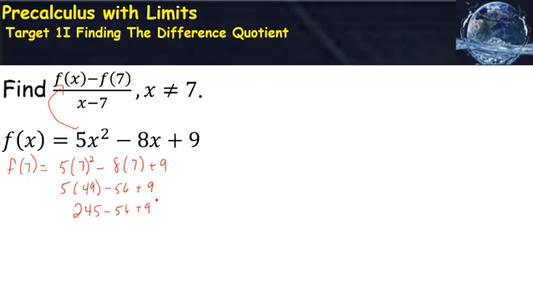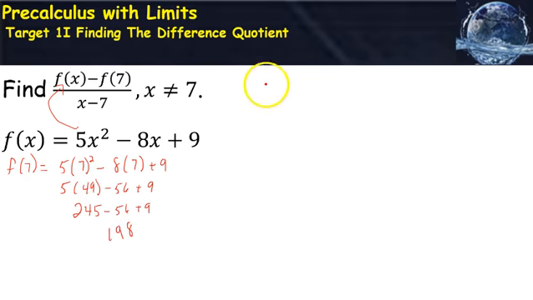I don't have a calculator, I'm using my phone. All right, here we go. 5 times 49 is 245. Then I'm going to subtract 56 and add 9. So I get 198. So f of 7 is 198.